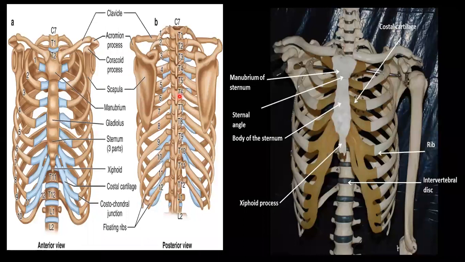Here we have the manubrium. From here we start with the body, and we say that the body runs from the 5th to our 9th. This complete part is the body of the sternum. It has an anterior surface and a posterior surface.